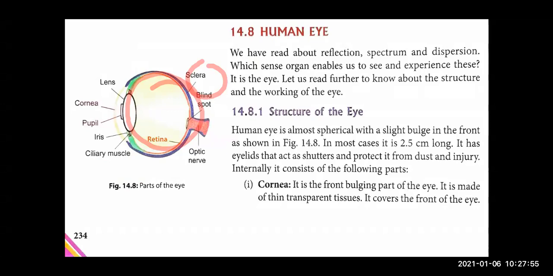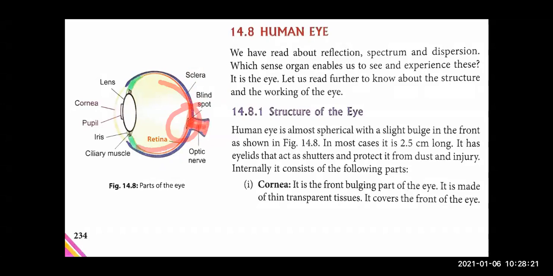Next is blind spot. So children, blind spot, as you can see here, is the spot, the region on the retina, from where the optic nerves are entering. From this area only the optic nerves enter inside.